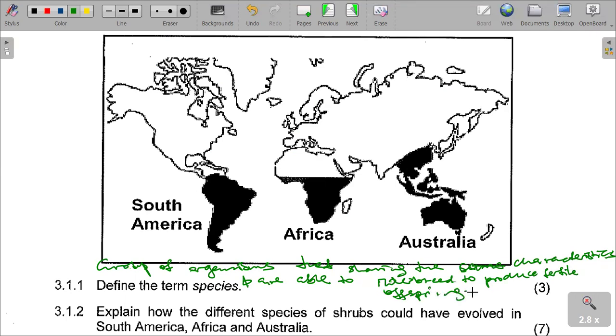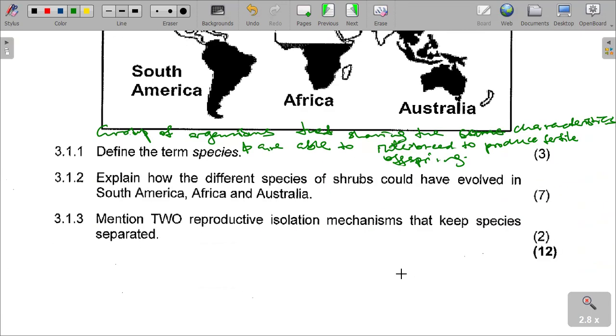That is a species. A species is a group of organisms that are sharing the same characteristics and are able to interbreed to produce a fertile offspring. We call that a species.